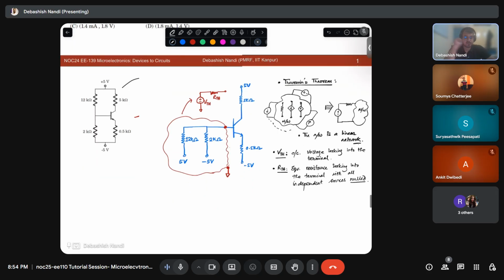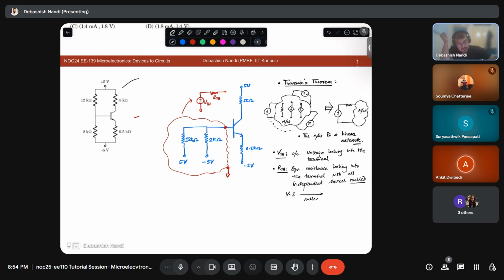What does nulling a source mean? Voltage source nulled means short circuit. Current source nulled means open circuit. So can I quickly find my RTH?